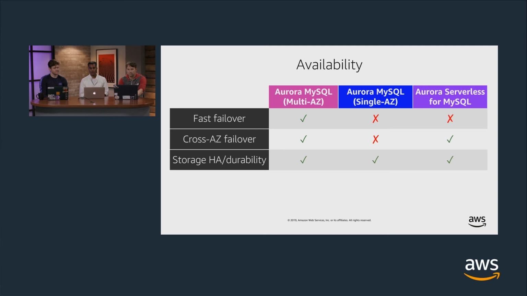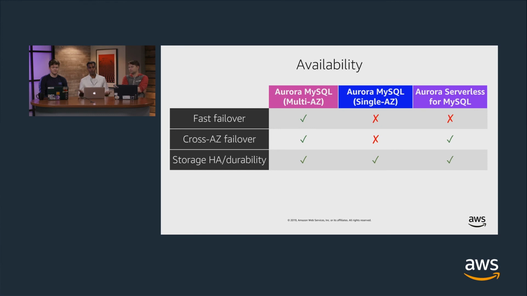With any of these options, you're going to get failover functionality. The question is where is it going to fail over to? With Aurora MySQL multi-AZ, we will fail you over across AZs. With Aurora Serverless for MySQL, we will also fail you over across AZs automatically. The distinction there is fast failover. If an entire AZ goes down with Aurora Serverless for MySQL, we start pulling from our warm pool.